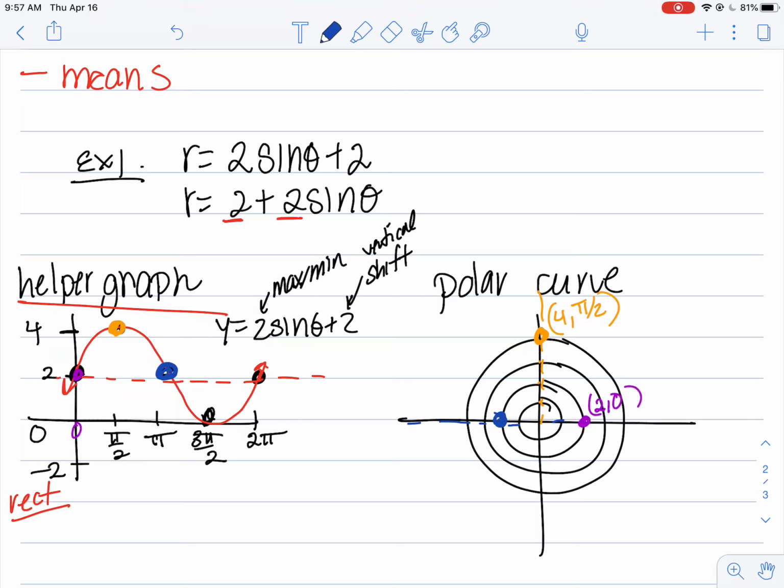Well, between 0 and pi over 2, r is increasing, from 2 to 4. Between pi over 2 and pi, it starts to decrease.